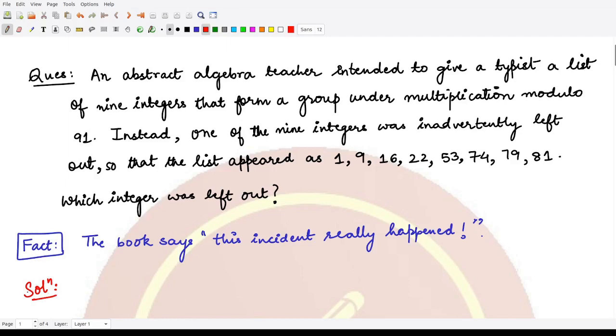So for the solution here, because we know the 9 integers, let's call the missing one x.